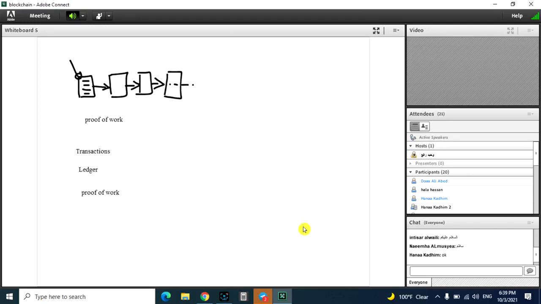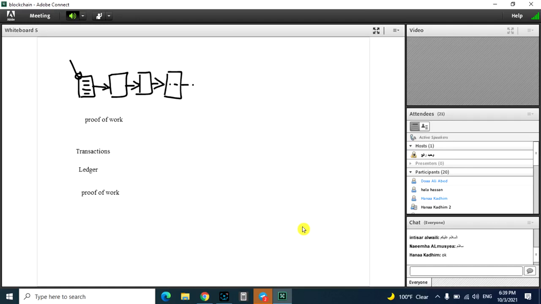And today I just talk about these three concepts, okay? And in the next lectures we will talk about hashing and cryptographic hash functions, digital signatures, and the like. Okay, let's go.